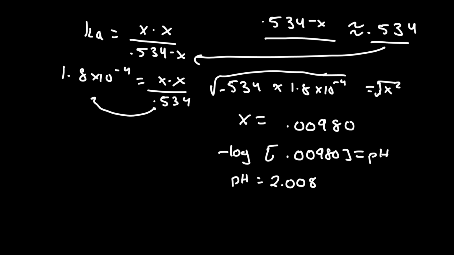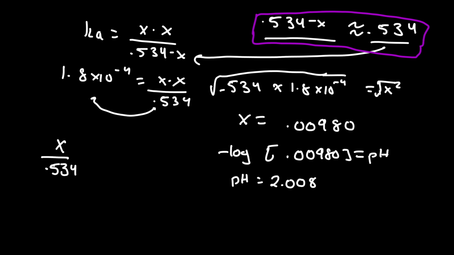But you might be asking, well, we made an assumption here, right? We made this assumption that this would be okay, but how do we prove that it is actually okay for us to make that claim? Well, what we can say is that if our x value divided by our initial value for our acid is greater than 5%, we cannot approximate.